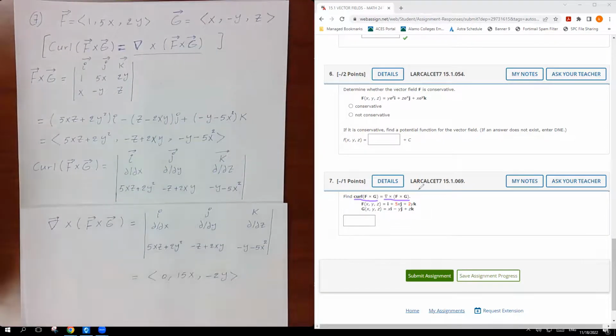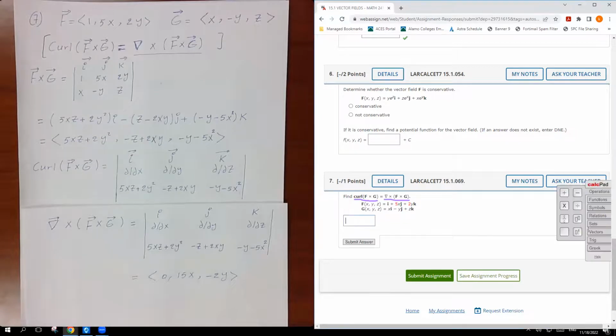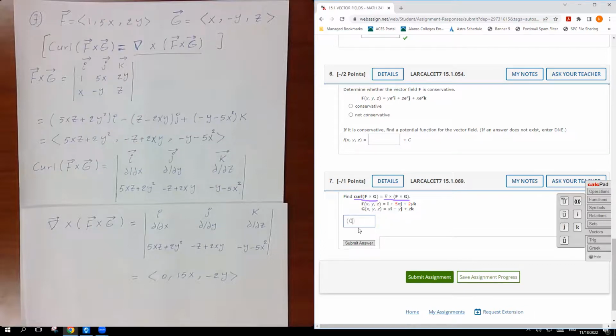So in this case, I'm going to go to the vectors and type 0, comma, 15x, comma, negative 2y. That's it for this example.